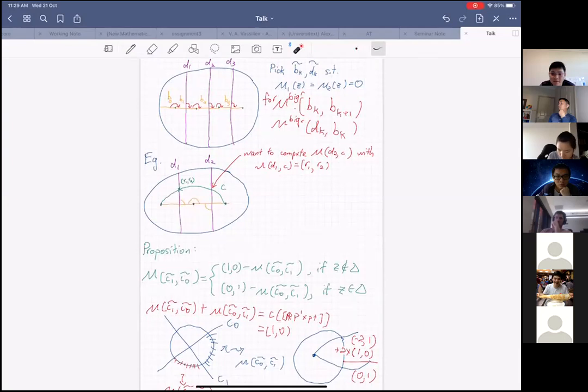Okay. So the question is, I want to compute mu D2 C. So where is this arc? It's going from D2 to C. So it's here. Of course, you can also pick the top guy here, but this is more convenient. Okay.